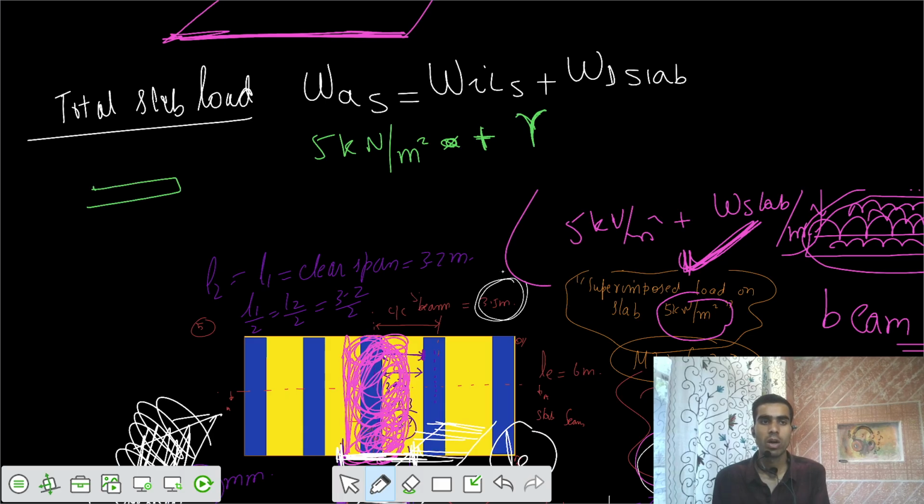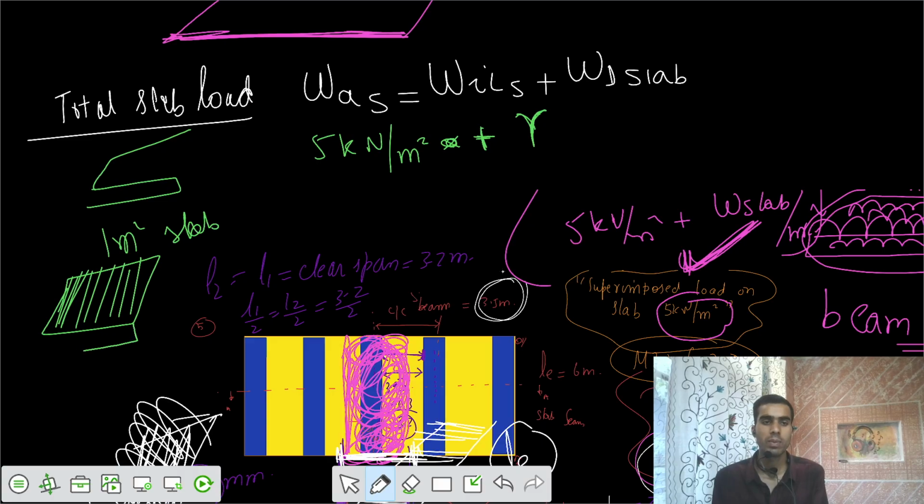If I take 1 meter square of the slab area from the top, and there is some slab thickness of 150 millimeters, I would say gamma times thickness, that is concrete 25 into 0.150, in terms of kilonewton per meter square.